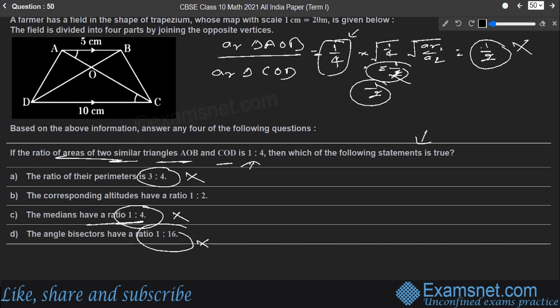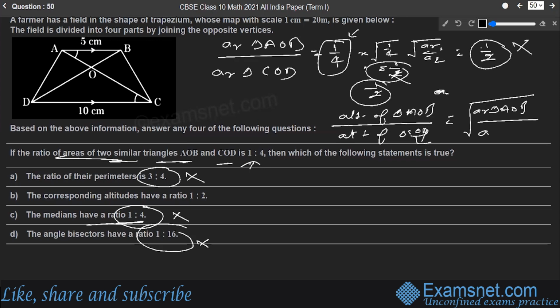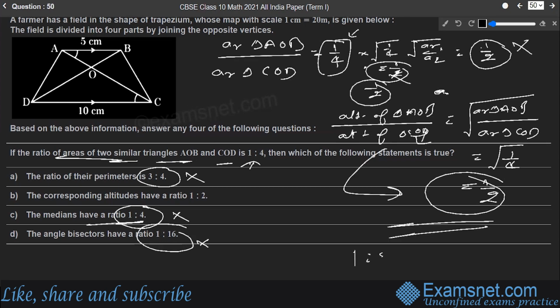That is right because altitudes are also in centimeters, not square units. So the altitude of triangle AOB divided by the altitude of triangle COD is the square root of the area of triangle AOB divided by the area of triangle COD, which is the square root of 1/4, which is 1/2. So the altitudes are in the ratio 1:2. That's why option B is the right answer.